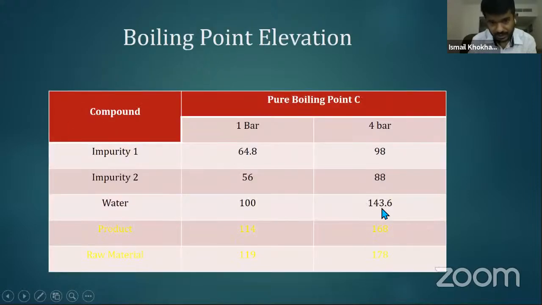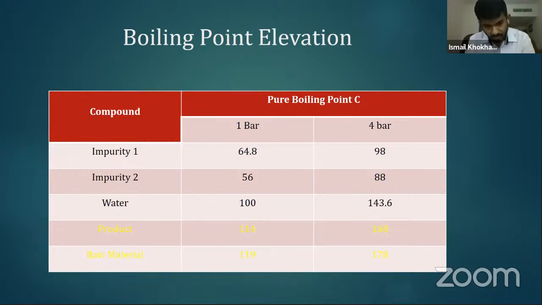So from the experimentation and the Aspen data, we came to know that impurity one, which was at 64.8 degrees Celsius at 1 bar, rose to 98 degrees Celsius. Similarly, impurity 2 rose to 88 degrees Celsius. Water was at 100 degrees, so it went to 143 degrees Celsius.